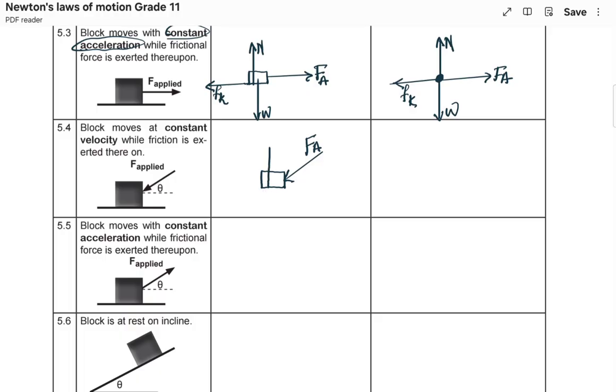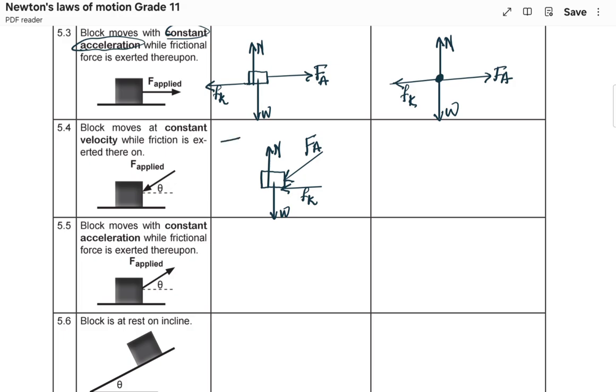Then I'll be having the normal. I'm going to have also the weight there. So the frictional force, I'll be having the kinetic.